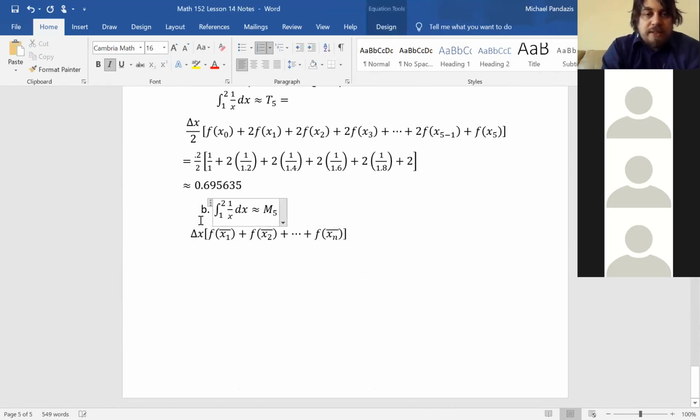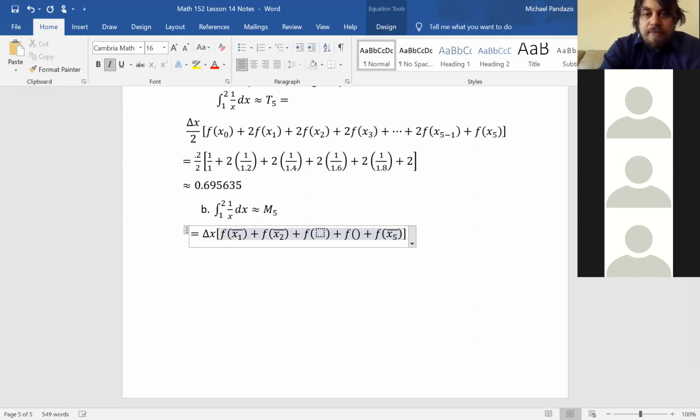I'm going to put the equal sign here. It's equal to this where n is 5. So this is a 5 here. And so instead of the dot, dot, dot, I'm going to plug in the other terms. Okay, 2, 3, 4, 5, good. And so this is a 3, and this is a 4.